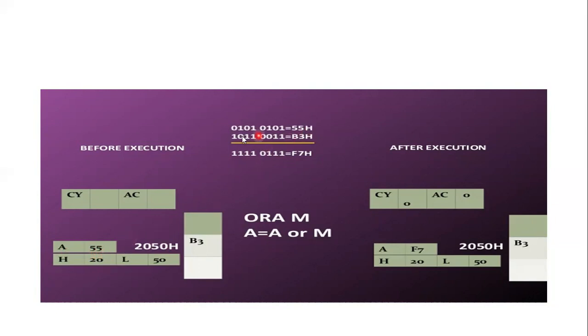Okay, so 5, then B 3. So 1 or 1 is 1, 1 or 1 is 1, 1 or 0 is 1, 0 or 0 is 0, 1 or 1 is 1, 1 or 0 is 1, 1 or 1 is 1, 1 or 0 is 1. Therefore this is F, and this one is 7. Therefore, after execution, A becomes F7.